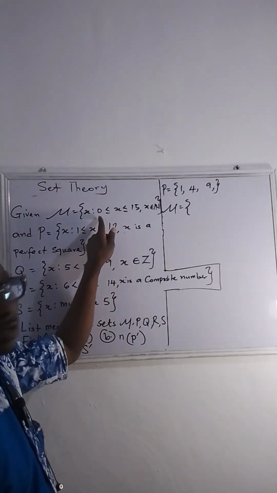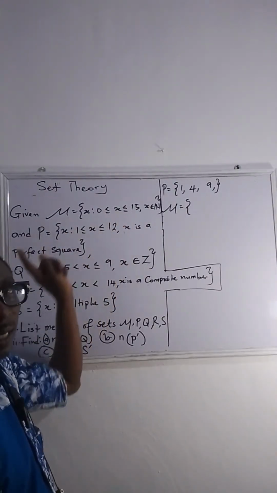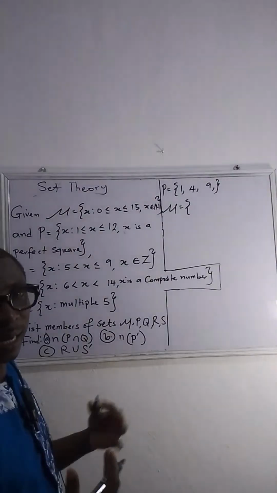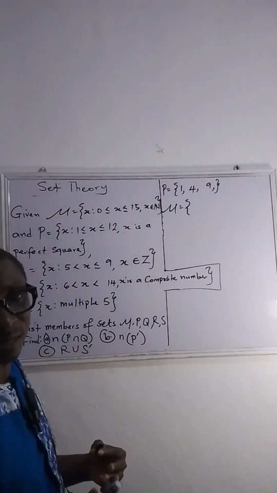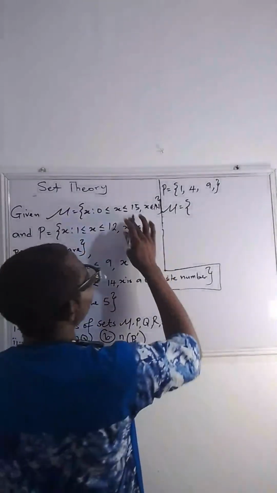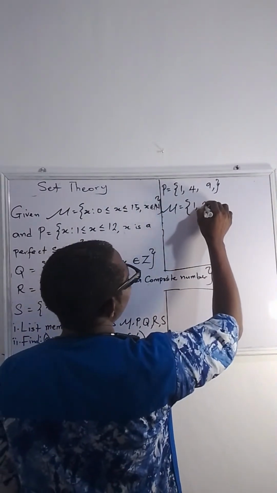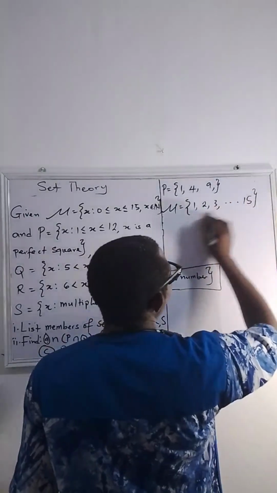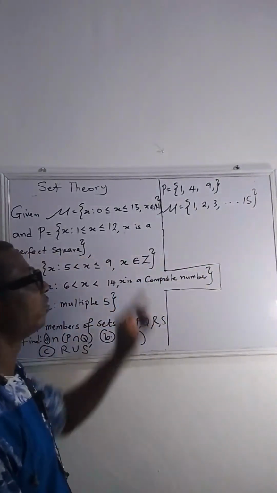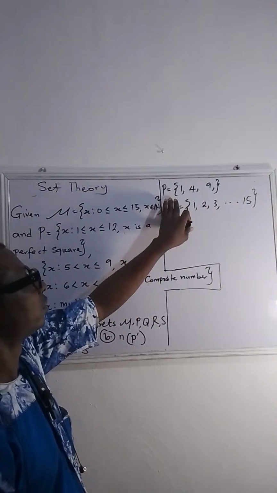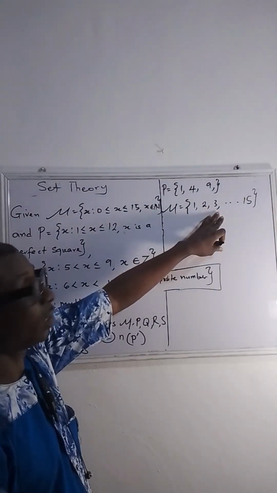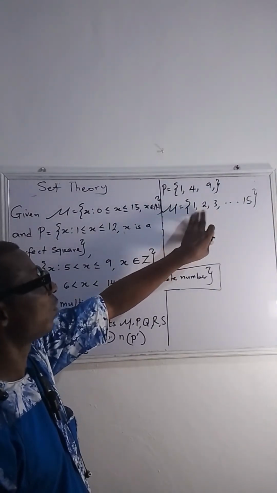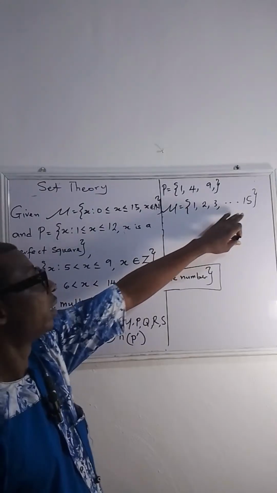That means 0 is not going to be included, because natural numbers are counting numbers, and counting numbers start from 1. So we are listing 1 to 15: 1, 2, 3, down until we get to 15. These are the members of the universal set.